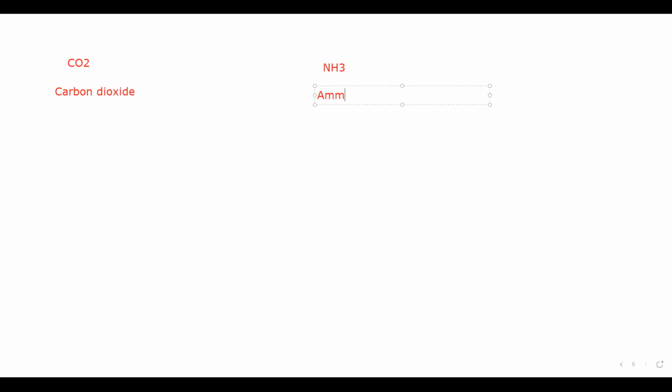And the question is which particles will move faster at a given temperature. So how can you work out, for this purpose you should know the mass. In the exam you will have the periodic table, so you can work out the mass from the periodic table.